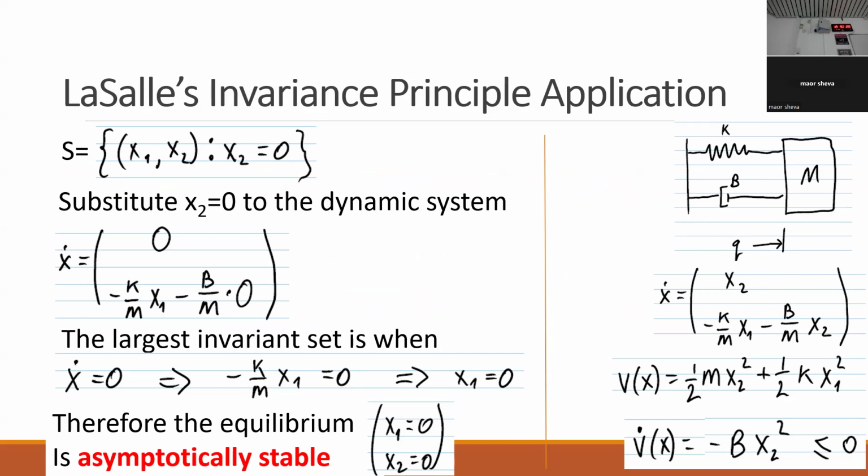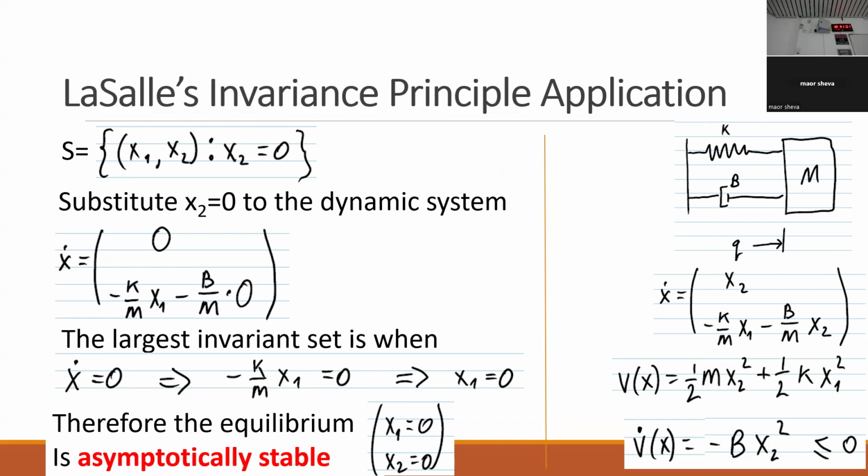So S will be the set X1, X2 such that X2 is 0. This is the set where V dot is 0. This is S. Now we look how the dynamical system behaves in this set. So we substitute X2 equals 0 into the dynamical system.